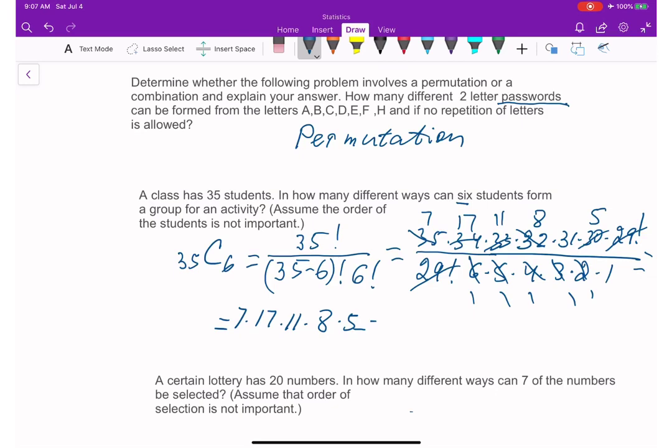I got 52,360 groups. So 6 students can create 52,360 groups from 35 students. Okay. Next one.